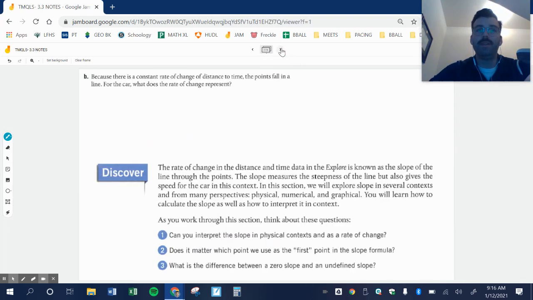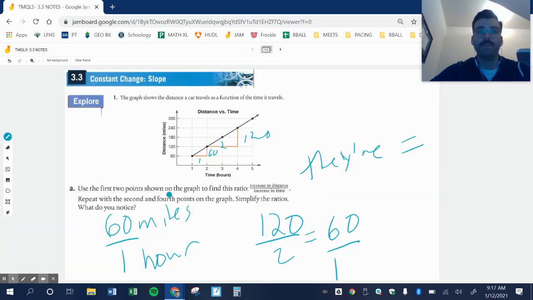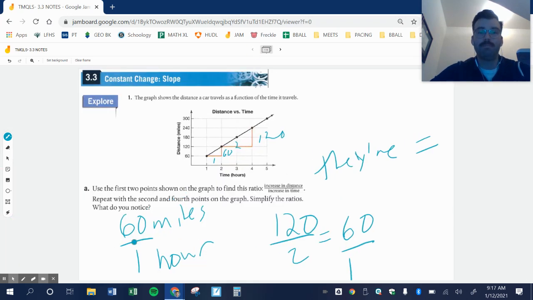So the next question asks, because there is a constant rate of change of time to distance, the points fall in a line. For the car, what does the rate of change represent? Well, it's 60 miles per 1 hour.